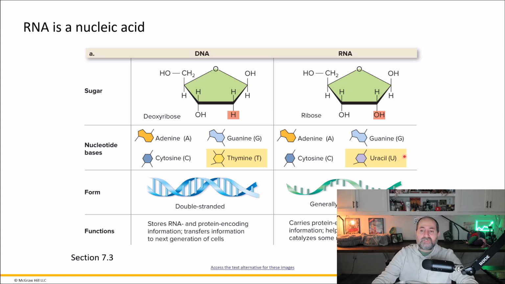There are U's in place of T's for RNA. You should also know that when these nucleotides are strung together, they form double-stranded or double helix structure for DNA, whereas it's a single-stranded structure for RNA. Remember, I might ask you to compare and contrast DNA and RNA on the exam.